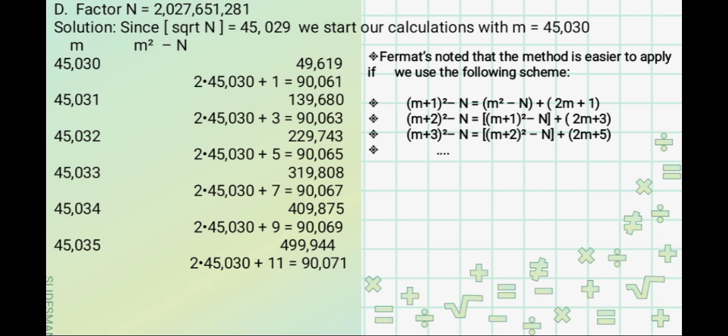Okay? So we have the column for m, and then the column for m squared minus n.